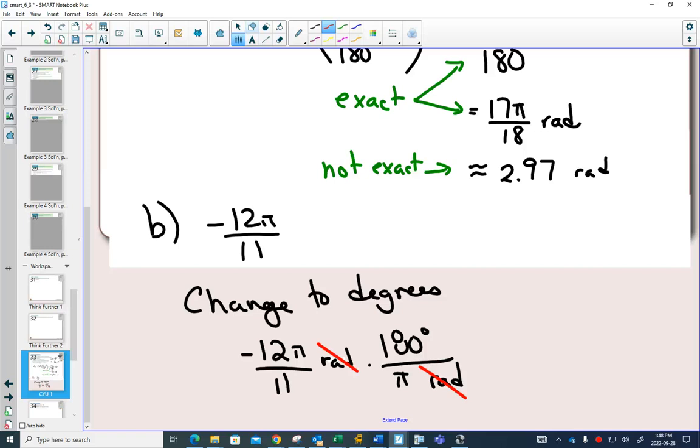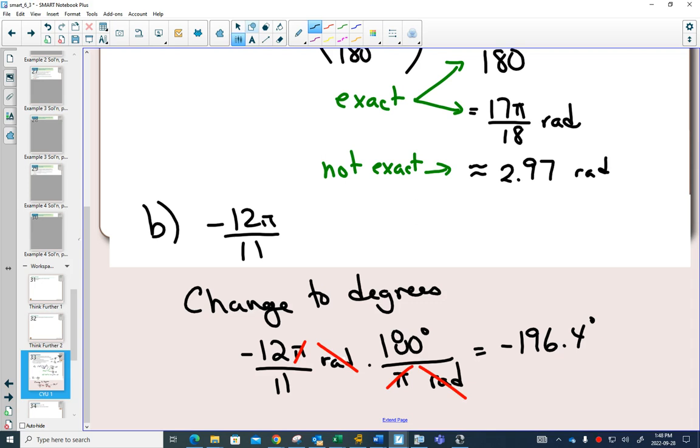Now, when you multiply this, can you see that the pi's would cancel out as well? Very nicely. And so we have 12 times 180 divided by 11. I go to my calculator, 12 times 180 divided by 11, and I get negative 196.4 degrees.